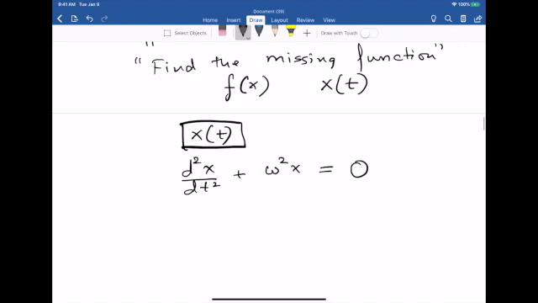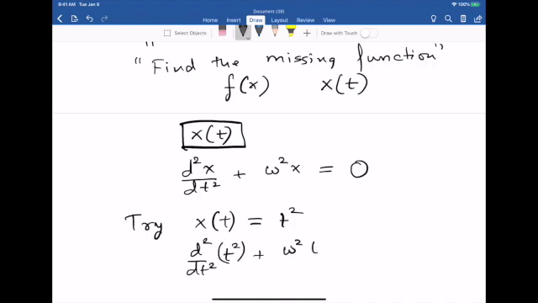Let's try some arbitrary function just to show that there is a certain function that's going to work, other functions are not going to work. So let's just make a choice. Let's say x of t is equal to t squared. Why not? So let's plug this in and see if this works. So d2 dt squared, the second derivative of t squared, plus omega squared times t squared.